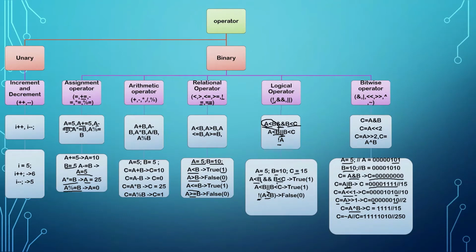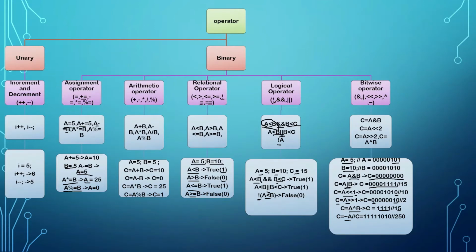So now all the values are 1. The value is 15. So now you know what exclusive OR is. Exclusive OR returns a high value when any one is high, not both. So next is NOT of A. It reverses the A value.